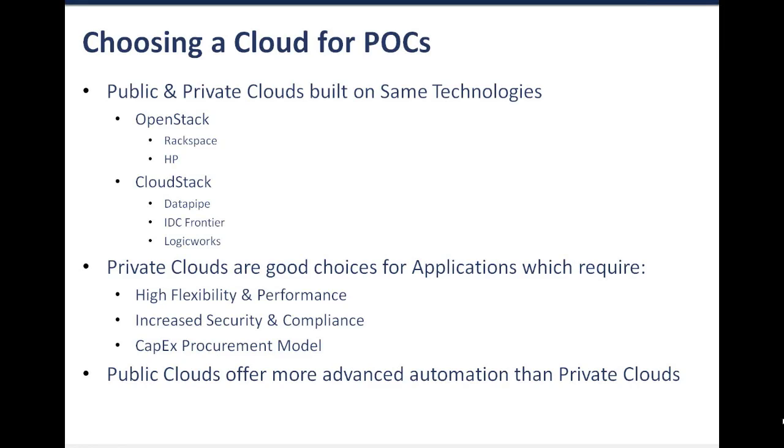I listed a few here as an example of looking at two of the technologies where we've seen a lot of success, OpenStack and CloudStack. There are a number of publicly available cloud providers that are using those very same orchestration technologies and very same hypervisors that you would use in your private cloud.